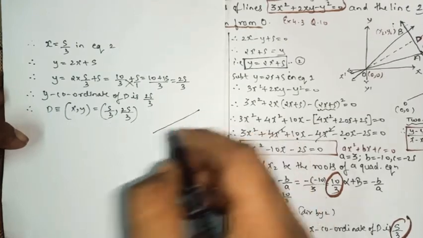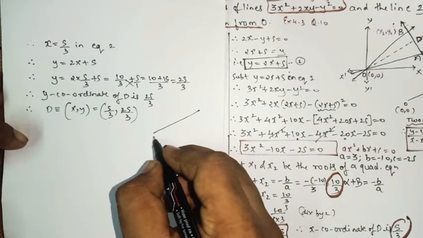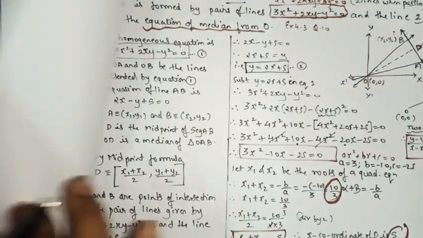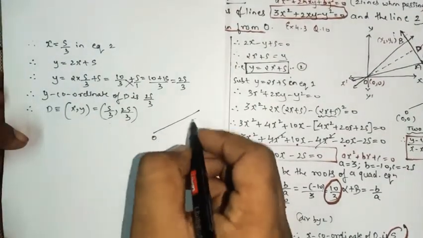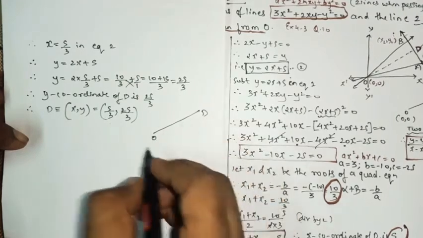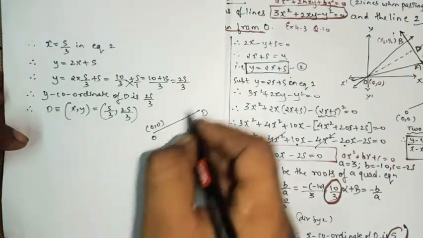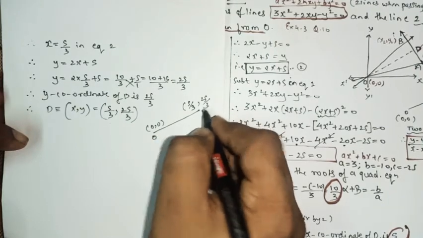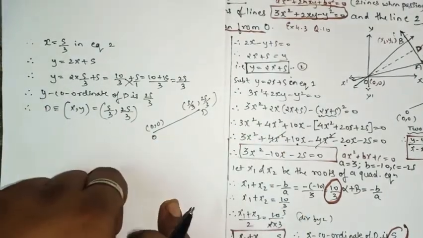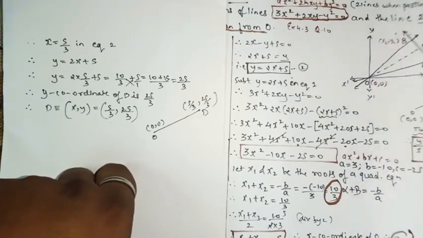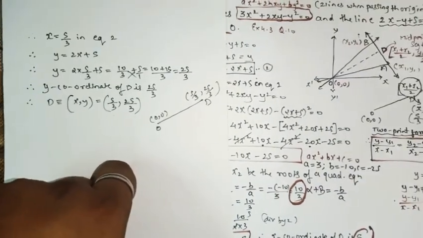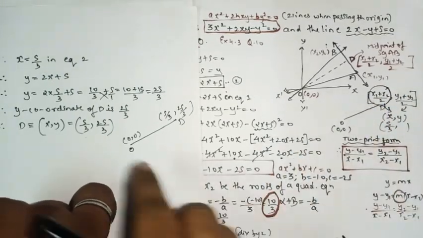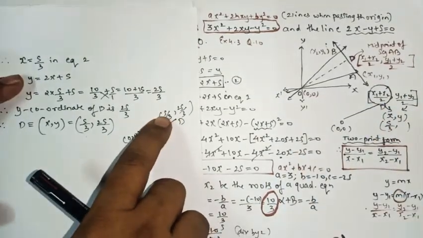So here we have to find the equation of the median. This is O and this is D. So this is 0 comma 0 and this is 5 upon 3, 25 by 3. So what was our target? To find the coordinate of D, yes or no? So we got the coordinate of D, that is x comma y.